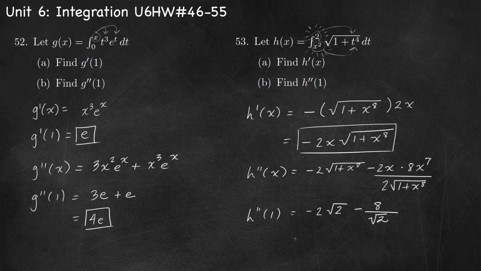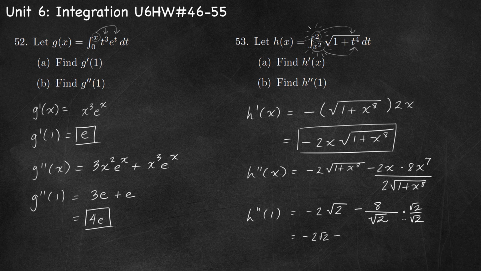And we can leave our answer like that, or we can try and simplify. So we have negative 2 root 2 minus, if I multiply the top and bottom by root 2, and normally I wouldn't bother rationalizing a denominator, but in this case, since there's a root 2 in the other term, if I do rationalize my denominator, I think these are going to become like terms and I'll be able to simplify.